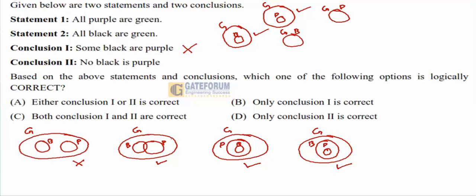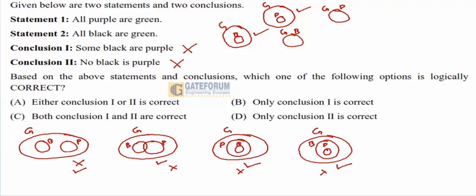Next, no black is purple. No black is purple is absolutely correct here, but it is wrong here, and wrong here. So we will say no black is purple is also definitely wrong. But we notice one particular thing: either conclusion 1 or conclusion 2, any one of them must be correct.